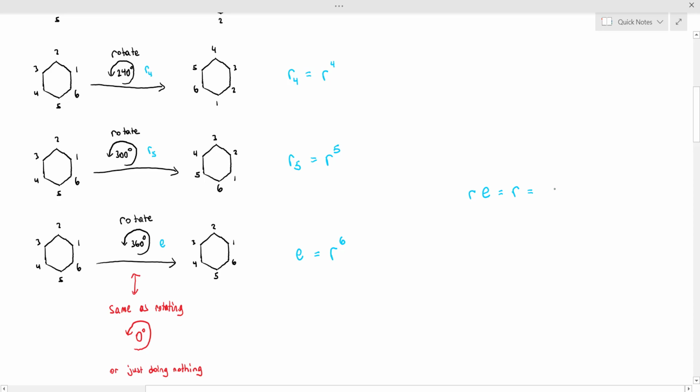Likewise, if I rotate 60 degrees counterclockwise and then do nothing, the ultimate effect is also to just rotate 60 degrees counterclockwise. So r times e and e times r are both equal to r. So e is behaving like an identity.